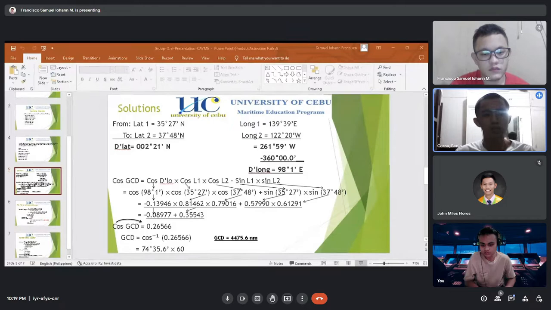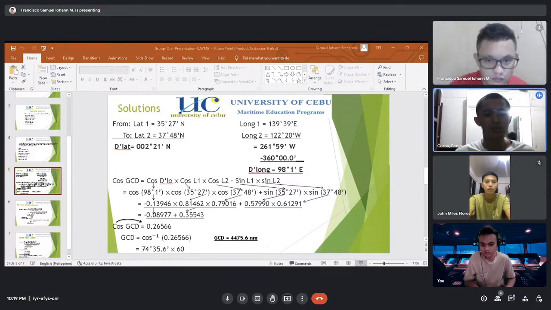And then we use the plus sign. So plus sine 35 degrees 27 minutes, which is the latitude 1, times sine 37 degrees 48 minutes, which is the latitude 2.